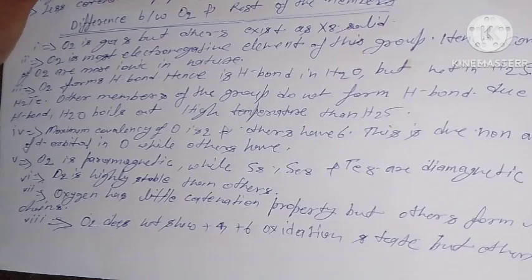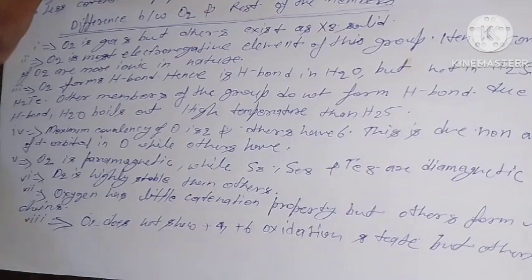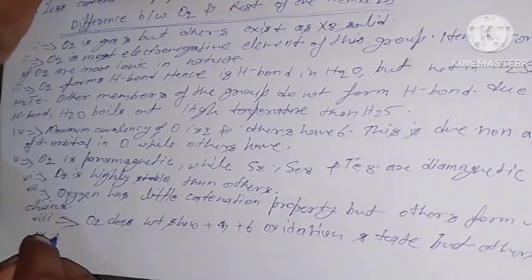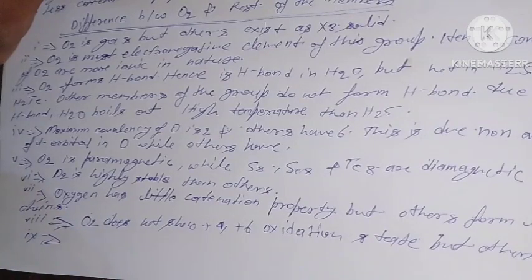Next point, point 9. Hydrides of oxygen is liquid, while other hydrides exist in gaseous form.